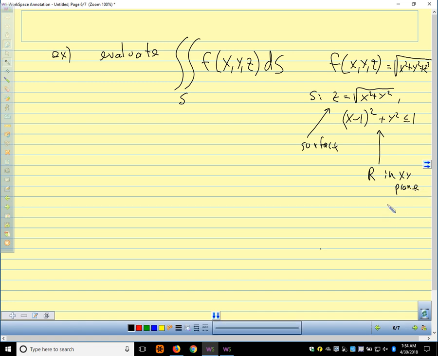Just based on this setup, how do you think we're going to want to set up this integral? Just the way the functions are described. Polar, right? This is a circle. We have a square root of x squared plus y squared, square root of x squared plus y squared plus z squared. We have all those square roots of things squared, so that suggests polar coordinates.